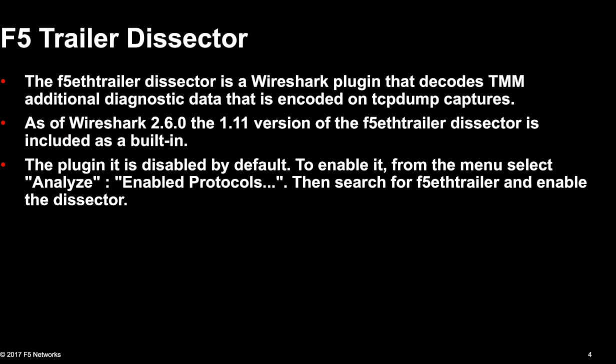As of Wireshark 2.6.0, you don't have to install the plugin. It's already included as built-in, and this plugin is disabled by default. To enable it, you have to go to the menu and select Analyze, Enable Protocols, and then search for the F5 trailer and enable the dissector.